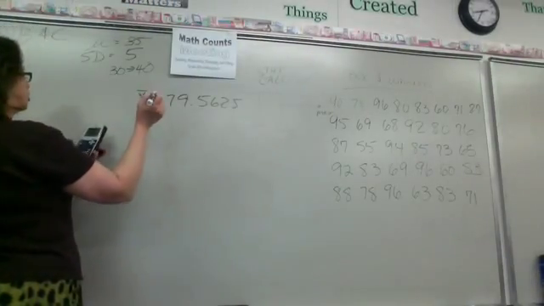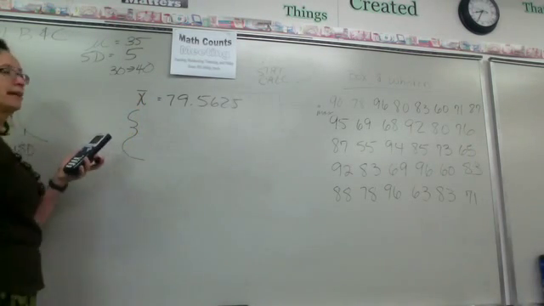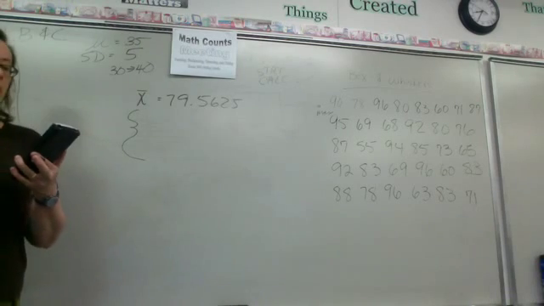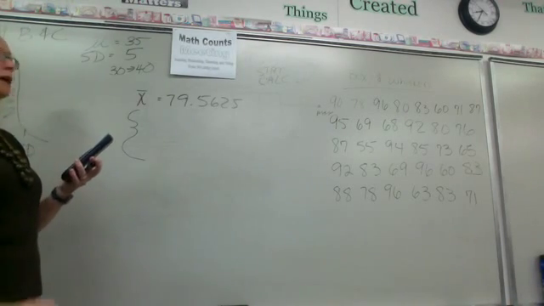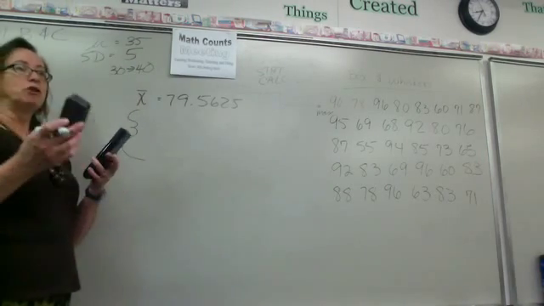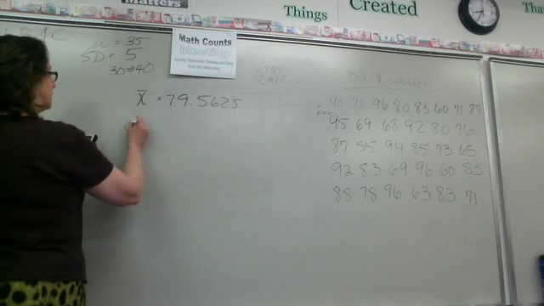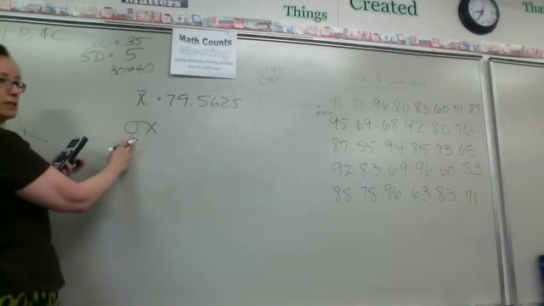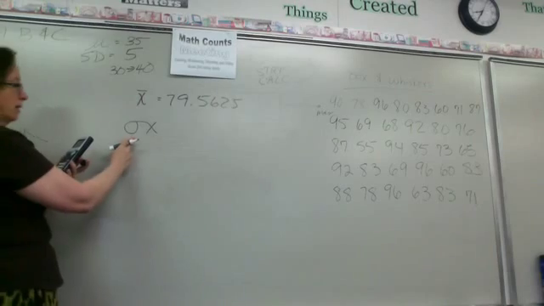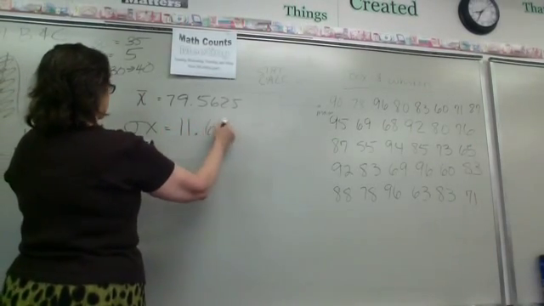Good. Now, you're going to see that it gives you some other things that we're not going to worry about right now. It's going to give you 3 things that we're not worried about. Then it comes down to this one. This is your standard deviation, and the standard deviation is 11.66.